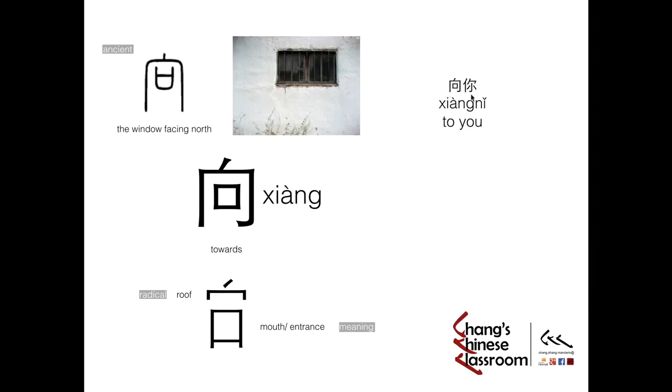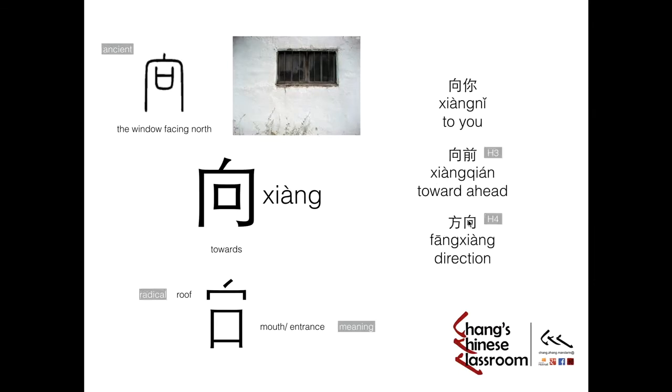So the vocabulary 向你 means towards you, and 向前 towards the front, or 方向. 方 means direction, and the 向 here, the smaller direction, towards which direction? So altogether, it's direction, okay? Bear this in mind once again, this with no gap, that's a wall, right?